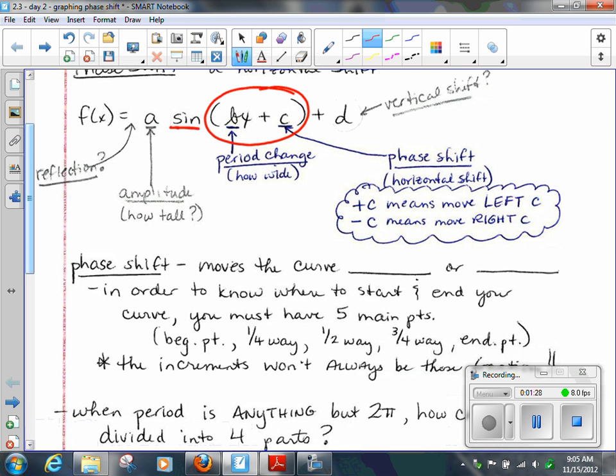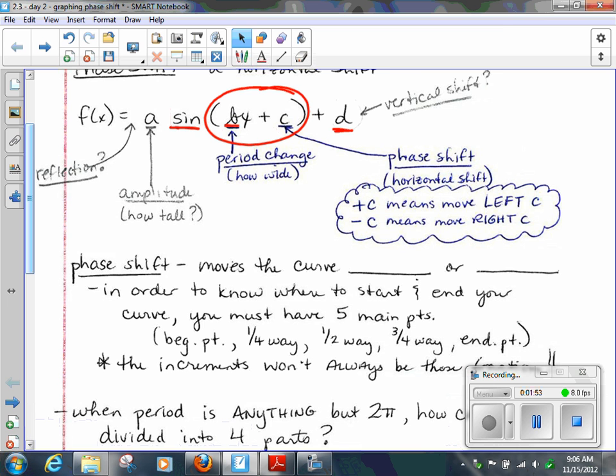Then we talked about the period, the length of the curve, which was determined by the coefficient in front of the x. And the very first thing we talked about was the number added or subtracted at the end of the function, which tells whether we move the oscillation line up or down the y-axis. That's our vertical shift.